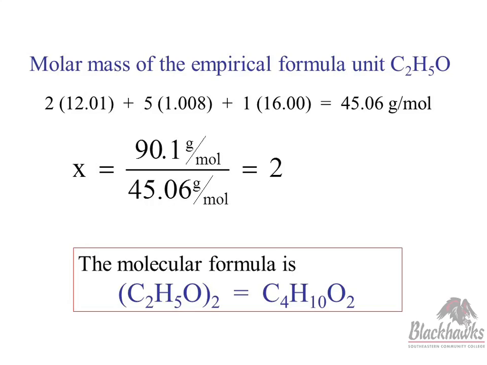Again, we went from the empirical formula, the basic formula, up to the molecular formula given the molecular weight. Not too bad. So the answer as the molecular formula is the scaled-up one, C4H10O2.